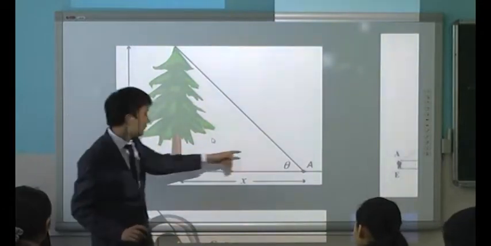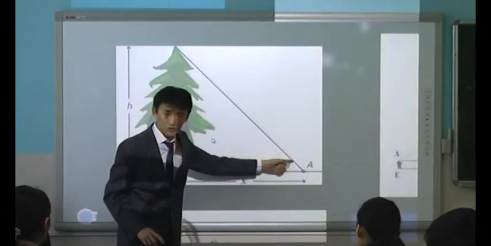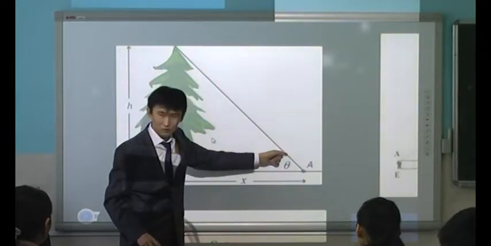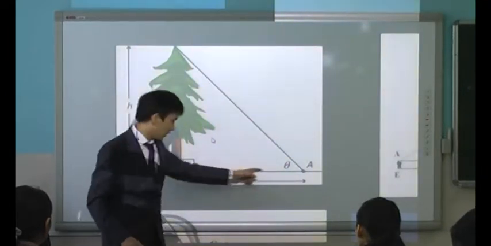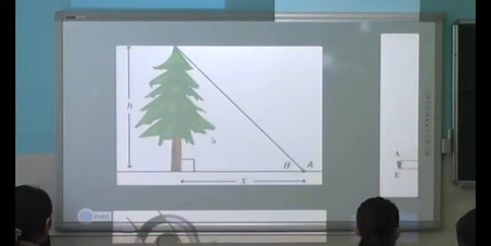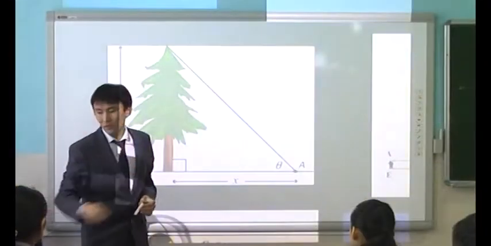We can measure this angle, the angle of elevation, and we can measure the length here, which is just the distance, and we can find the height. With the help of which formula? Sine? No, the tangent formula. Opposite over adjacent. Yes, tangent theta is equal to h over x. Now x is given and theta is given, so we can find the height.